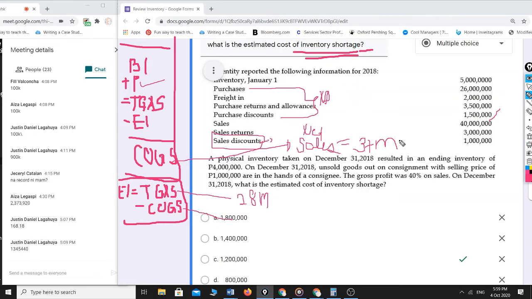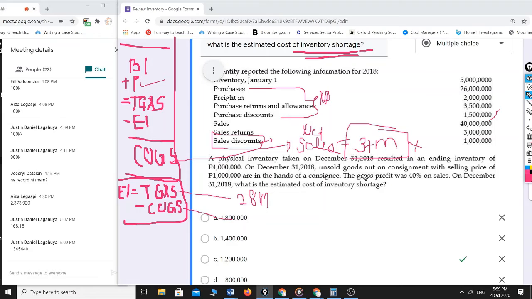Okay. So, with this 37 million, we can convert this to our cost of goods sold. To convert to cost of goods sold, you will just multiply this by the cost ratio or the cost rate. Yeah, the cost percentage.